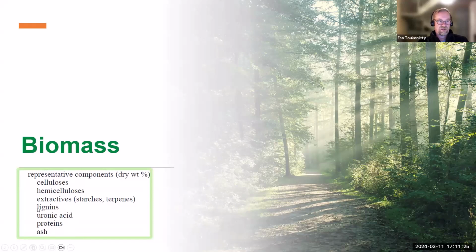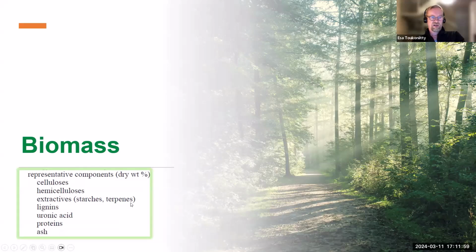Then you can have extractives, and by extractives it's meant that if you treat the biomass with, let's say, boiling water, or in any case water, water soluble components can be extracted out. So those are the water soluble extractables, and part of starch is water soluble. That's an example of a water soluble biomass component.